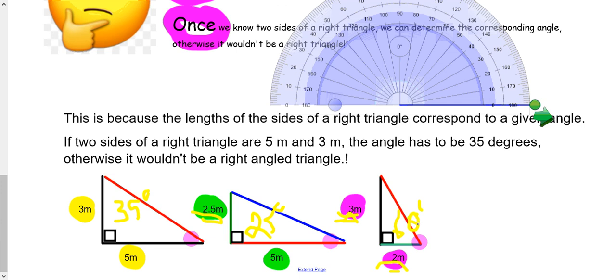So if we know that this is 35, and we know that this is 5, this has to be 3 meters. It's just got to be. Because there's no other way you can build that right angle triangle that stops at 5 meters and goes up 35 degrees and is anything other than 3. And that's the proof of trigonometry. Check it out. It's pretty good.